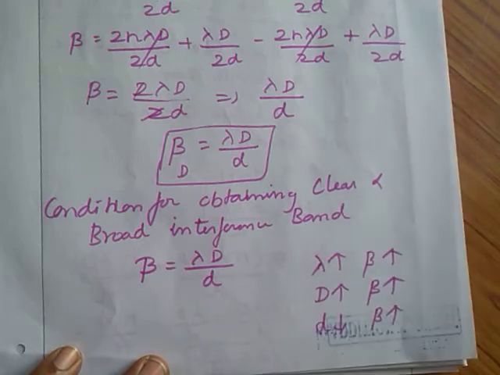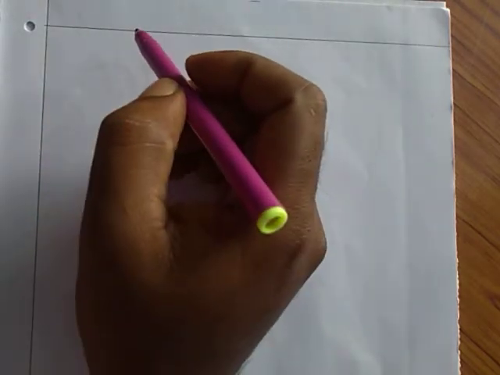If we use monochromatic light, we get dark and bright bands. Then let me see what the interference pattern obtained using white light in Young's double slit experiment is like, that is interference in white light.